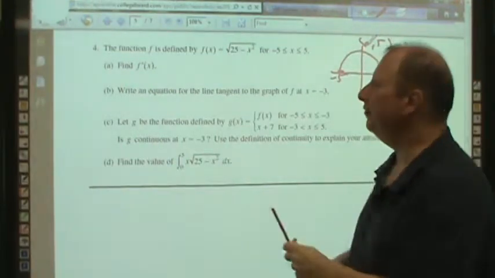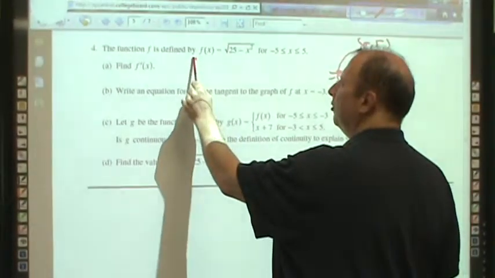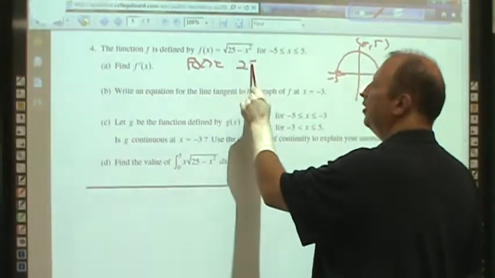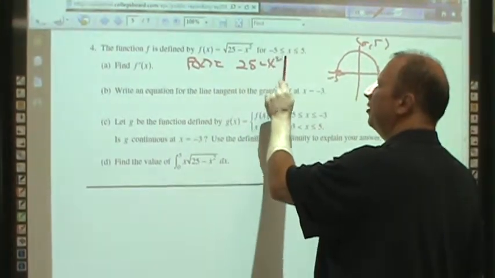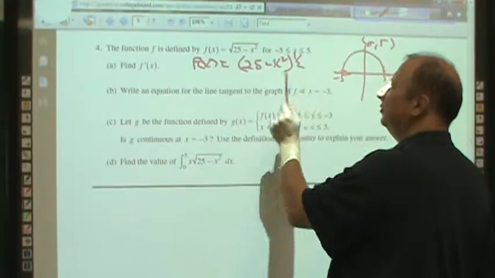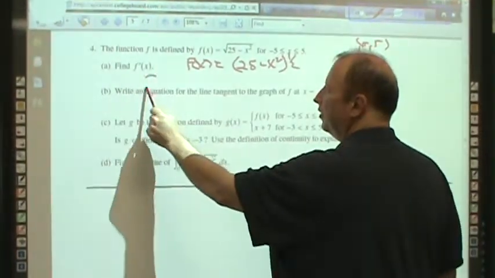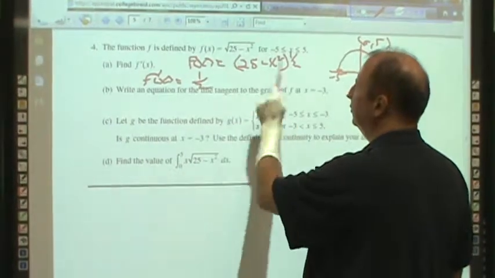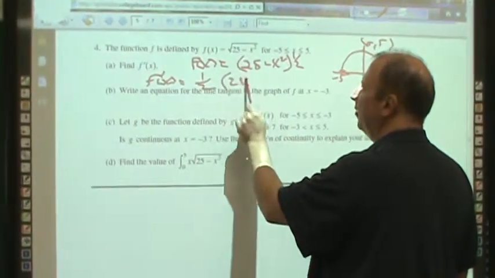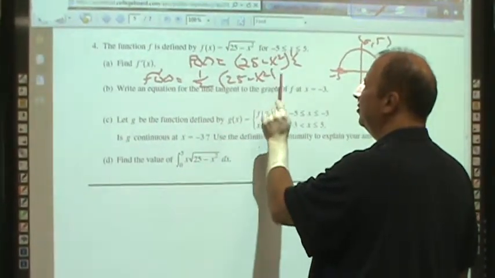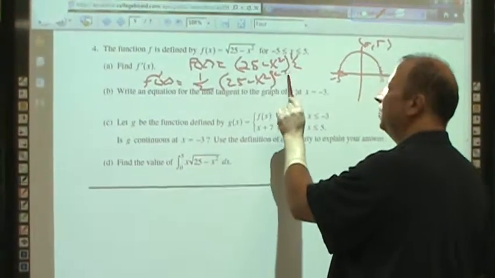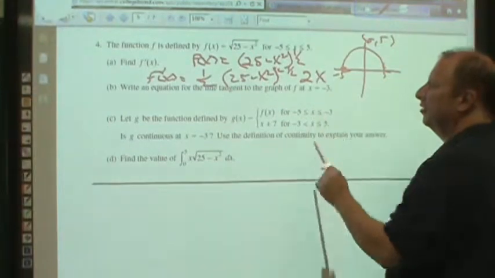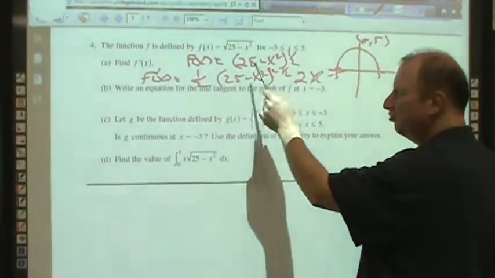So what's the derivative? Well, if f of x equals 25 minus x squared to the 1/2 power, then the derivative is f prime of x equals 1/2 times 25 minus x squared to the negative 1/2 power times negative 2x.